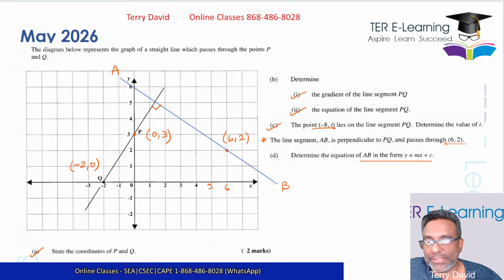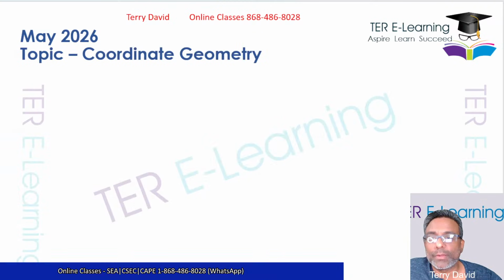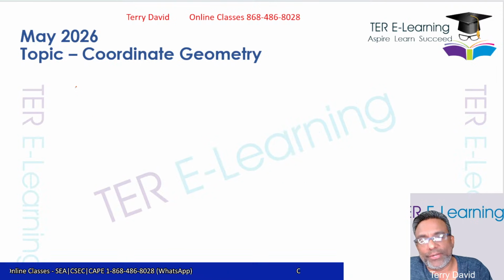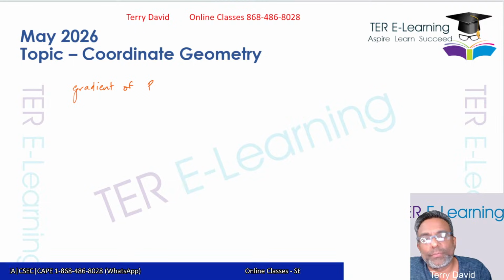Now, to do that, the gradient of PQ, that was 3 over 2. That's the gradient of PQ.